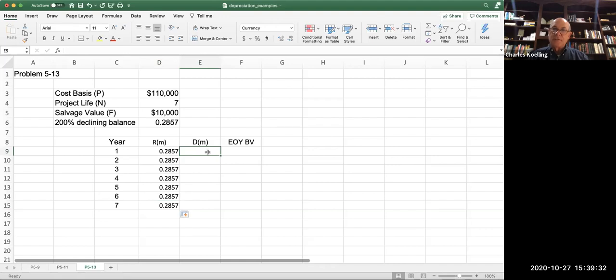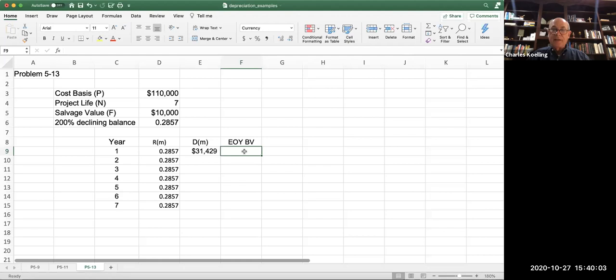The depreciation in the first year is certainly equal to the depreciation rate times the purchase price, or the cost basis. And that's $31,429. Accelerated even more than the sum of years depreciation method. We're depreciating this even faster than we did with the sum of years method.